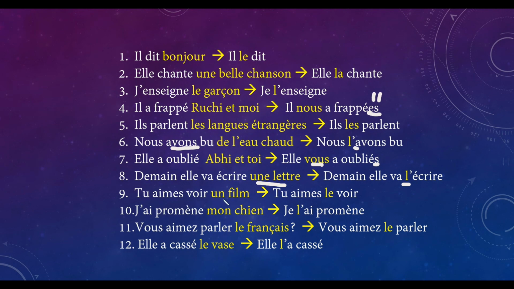Tu aimes voir un film, masculine singular, two verbs, placed between the two verbs. Tu aimes le voir. Je promène mon chien. I walk my dog. Masculine singular, placed before the verb, and l' apostrophe because it is followed by a vowel. Je le promène.